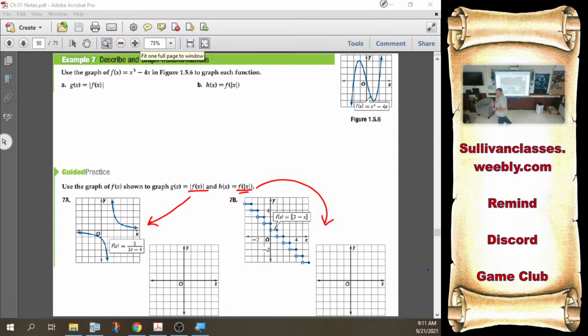To absolute value the entire function, that means, wait, wrong way. Everything that was below the x-axis now comes above the x-axis.